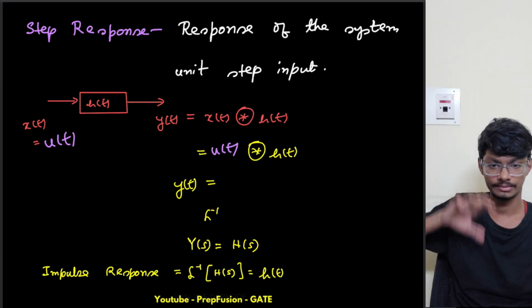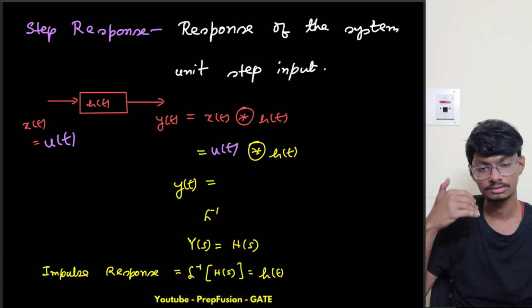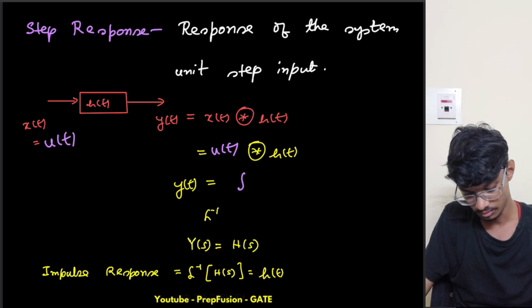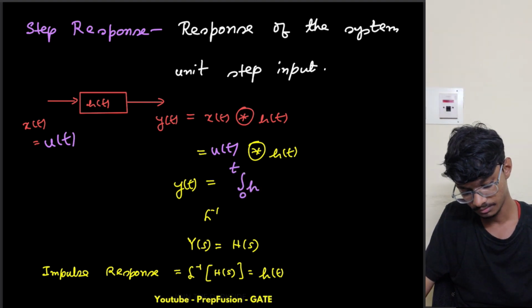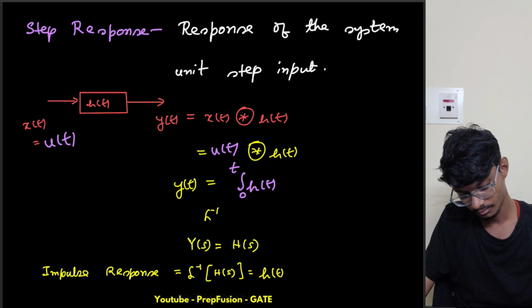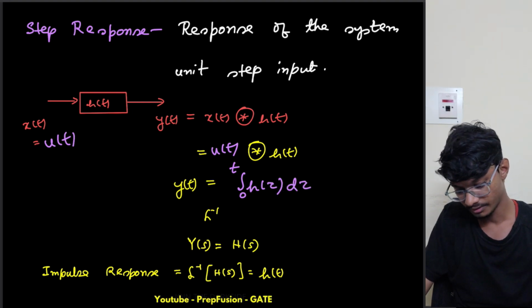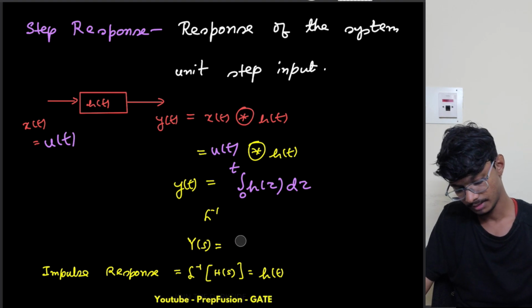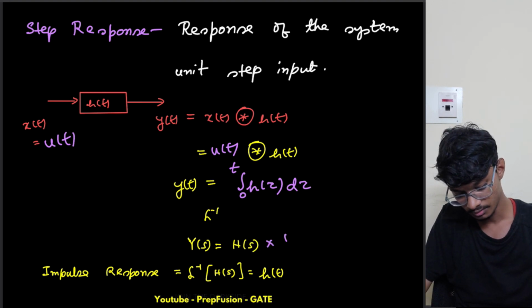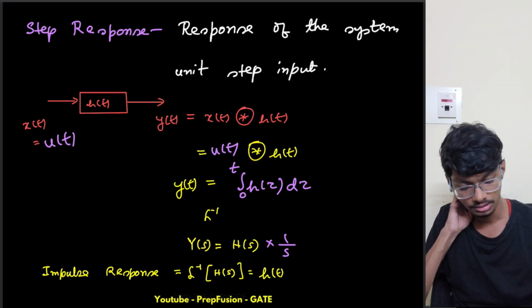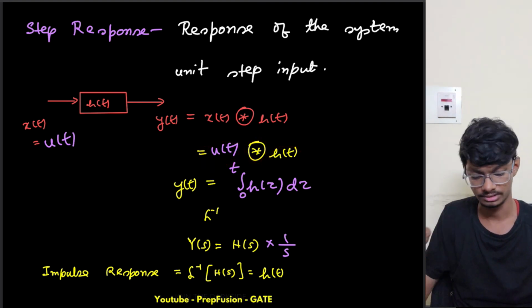So if I do a step response, we are simply integrating the impulse response. Or if I take the Laplace transform, y of s becomes h of s times 1 by s. Why? This becomes multiplication in the Laplace domain: this is h of s and this becomes 1 by s. That's why this 1 by s comes.